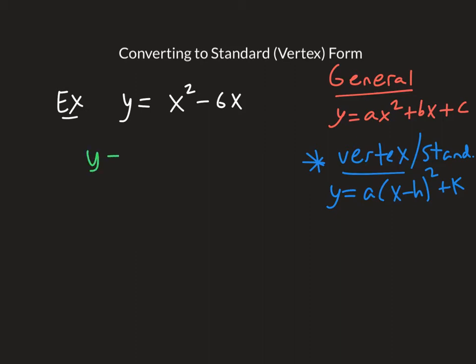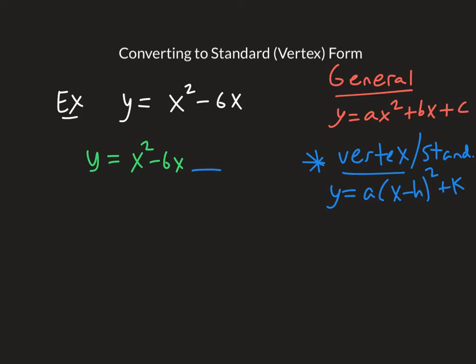So the original equation is x squared minus 6x. What we want to do is what's called completing the square. The way that works is we are going to add something here in order to make the quadratic become a perfect square trinomial.